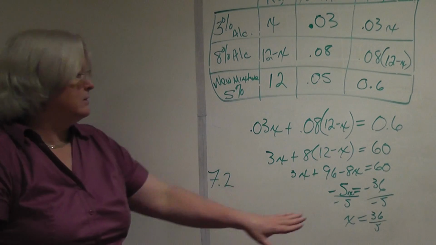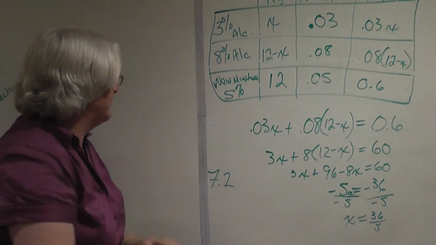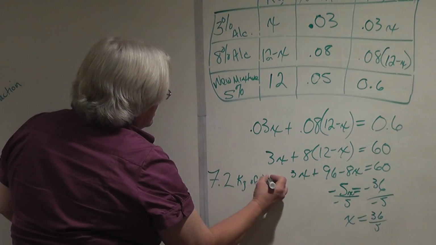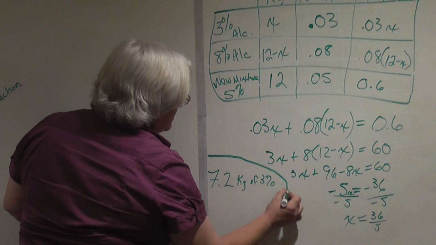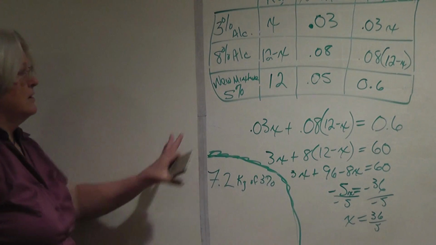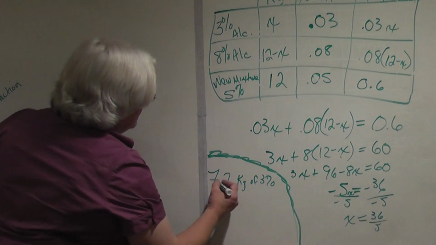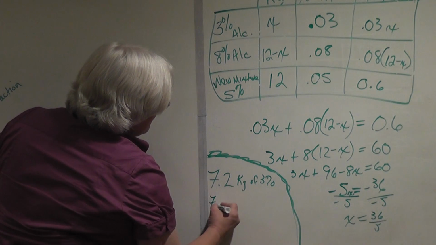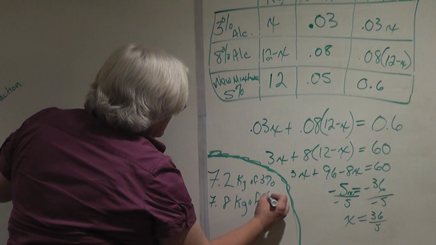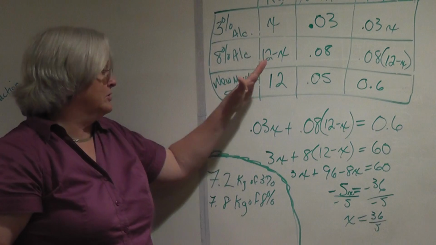What is x? X is the number of kilograms of the first solution. So 7.2 kilograms of 3% solution. 12 minus x, or 12 minus 7.2, is going to give us 7.8 kilograms of the 8% alcohol solution.